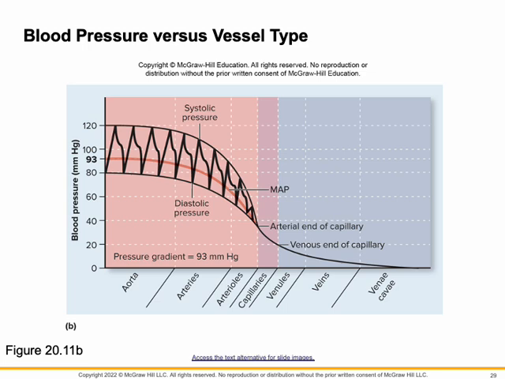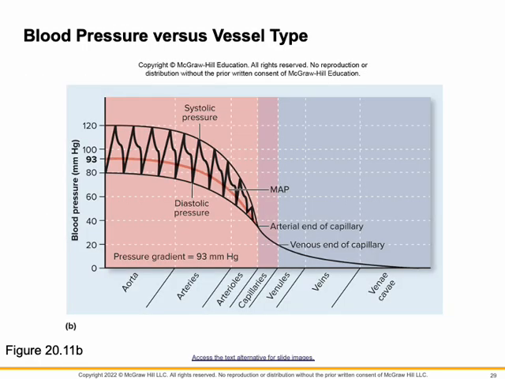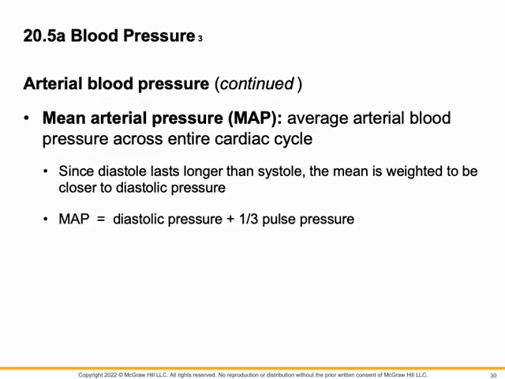Now, there's another term you can see on the image here: MAP. MAP stands for mean arterial pressure, and this is a more high-level overview of blood pressure across the cardiac cycle. You have to do a little bit of basic math.